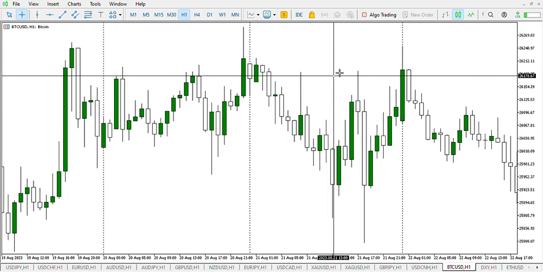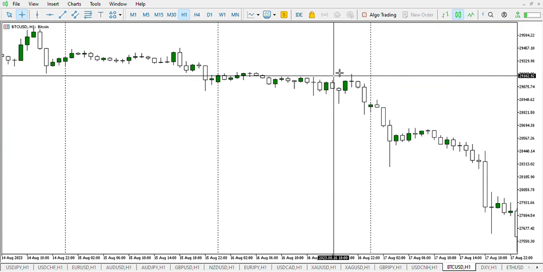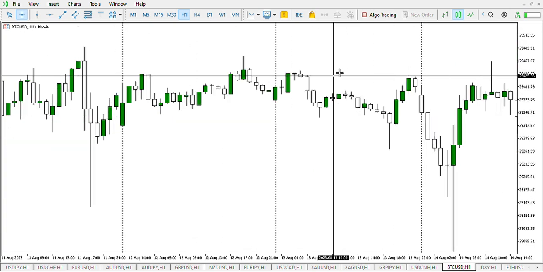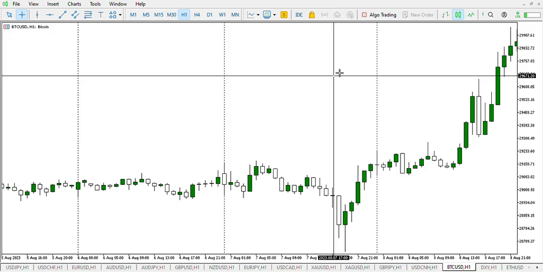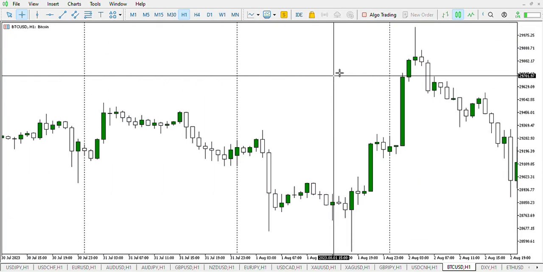So we are going to release another tutorial to teach us how to take the entries. Here we are going to be learning how to spot the patterns, and there are ways to take the entries.